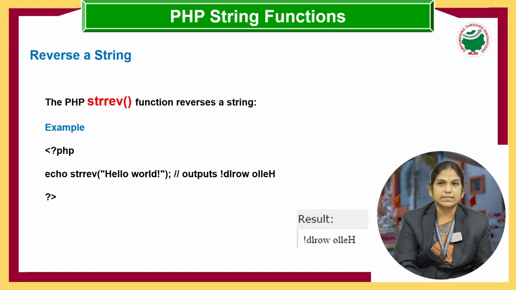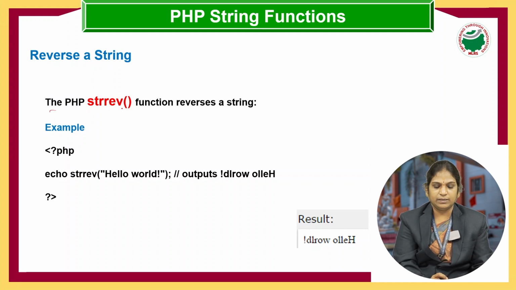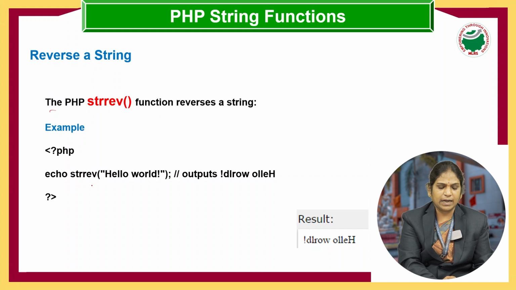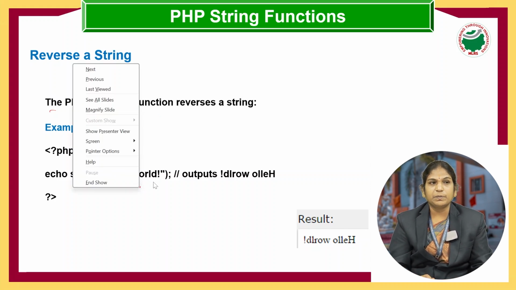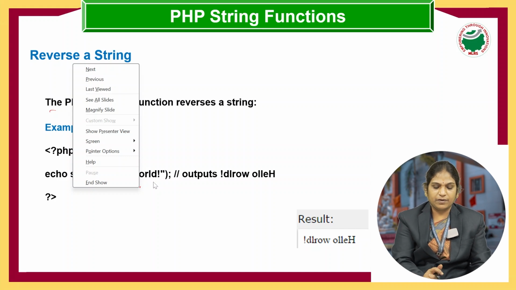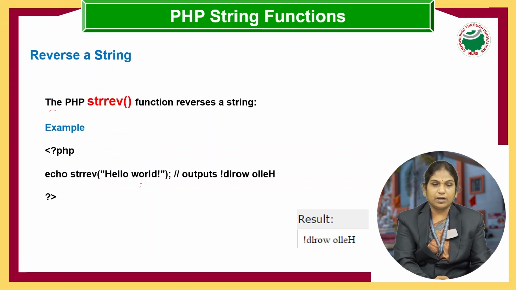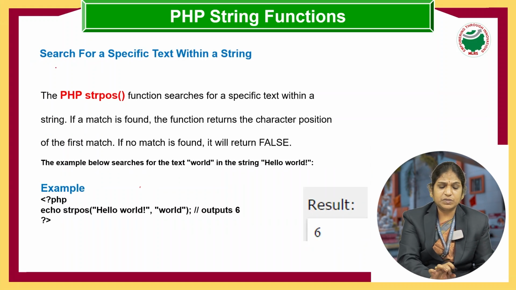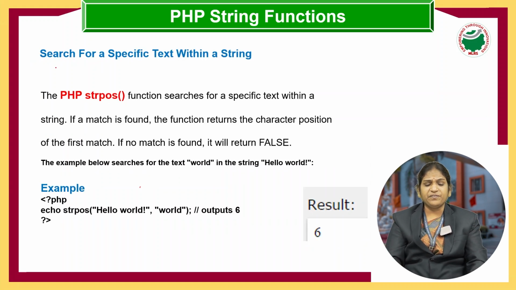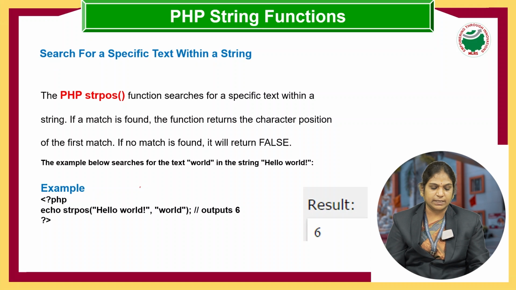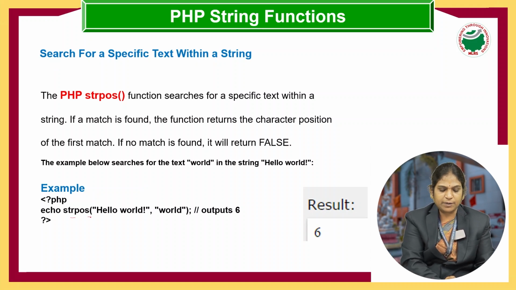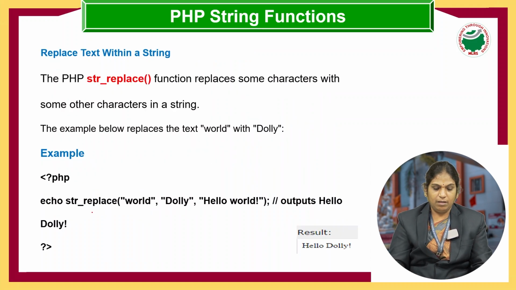And reverse a string. Here strrev indicates the reversing of a string. Echo strrev hello world, which displays the output in the reverse form. That is, instead of hello world, it is displaying in the reverse format. To check whether specific text is present inside the string or not, strpos, string position, is the function.